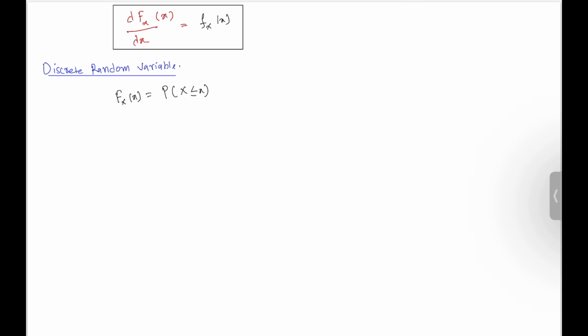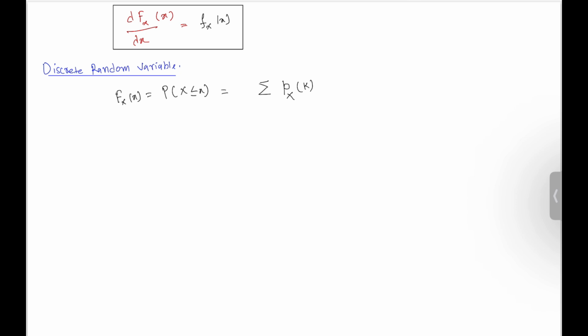Now in this case we will have the summation. If you have to find this probability, how would you do that? You will sum over all the probabilities where the random variable X takes a value less than or equal to little x, right? So this will be equal to the summation, and again I am using a dummy variable or argument for this PMF, that is k, right?